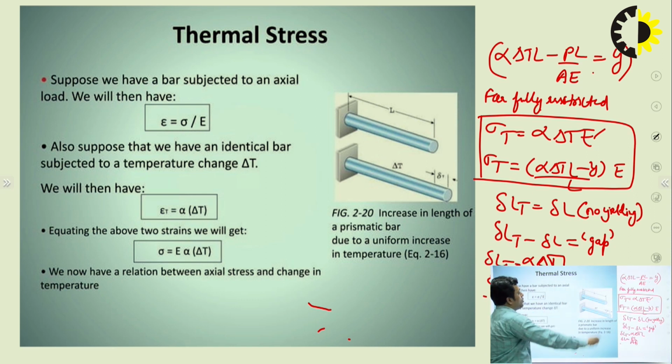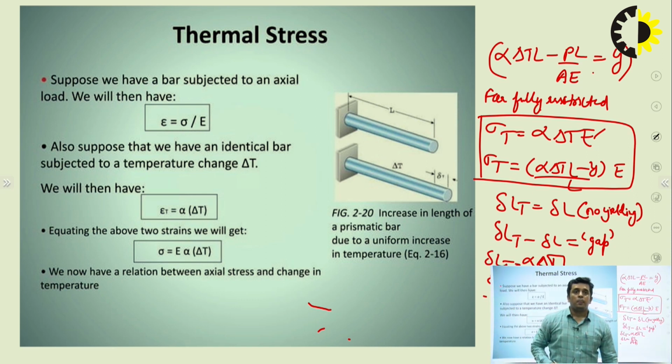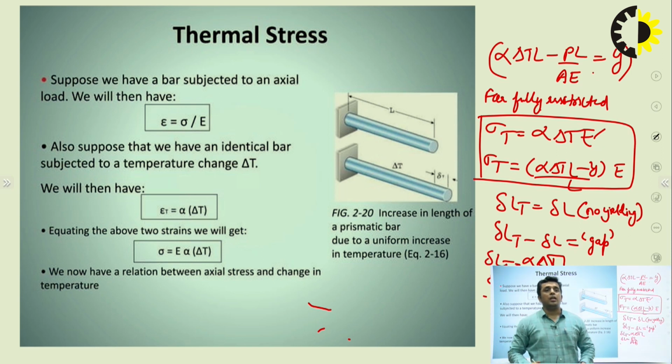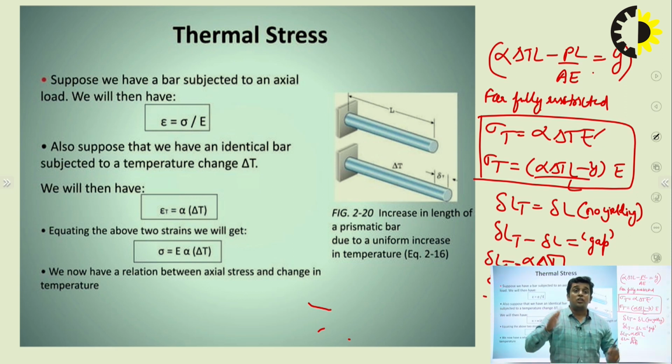This is the entire concept of thermal stress. See, thermal stress is basically introduced in any member whenever there is a change in temperature and there is also a restriction. If it is free to expand, then there will be no thermal stress. But whenever you are restricting the member from expanding or contracting, you are introducing thermal stress.